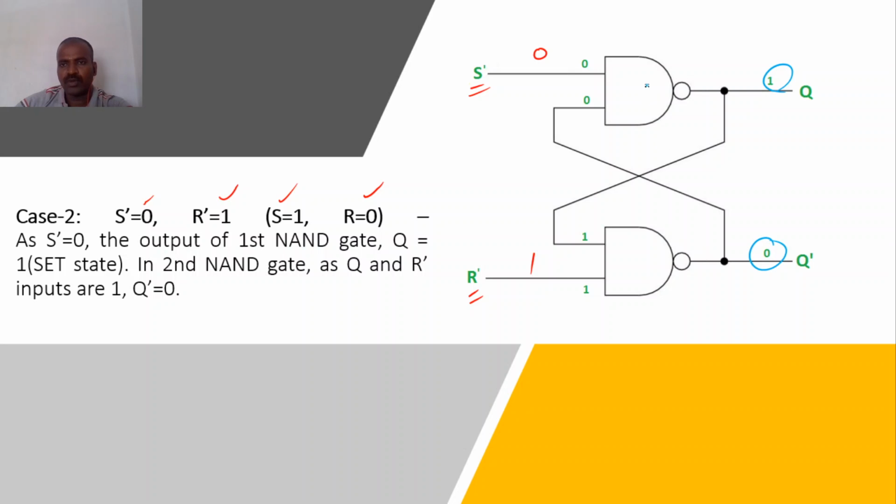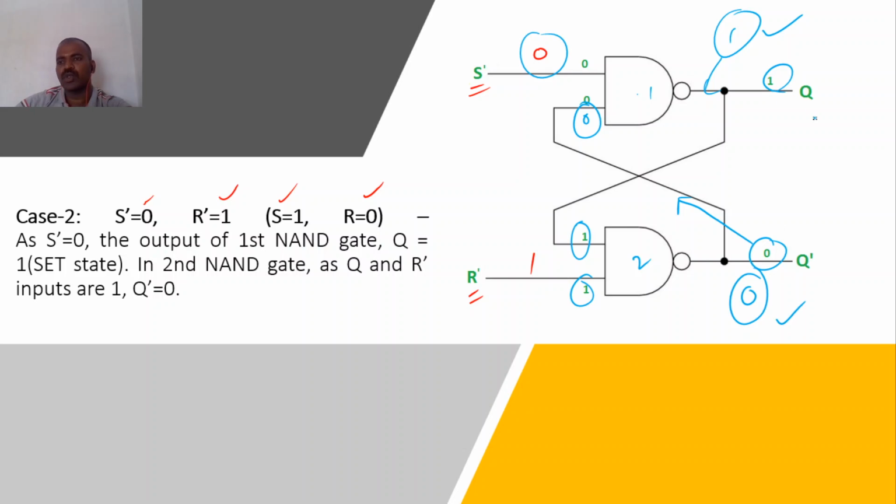For NAND gate number 1, one input is 0 and the other input, which comes from here, is also 0. So 0 0 in a NAND gate gives 1. Now this 1 comes as an input here, and already 1 is there, so 1 1 gives 0. Now the present output is 1 here and 0 here, so the condition is satisfied.